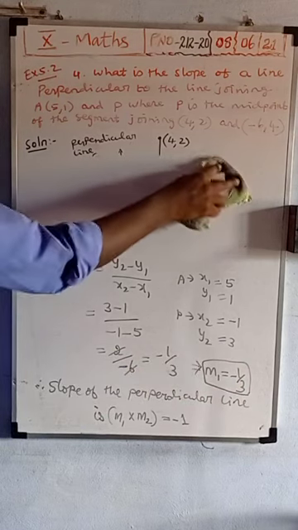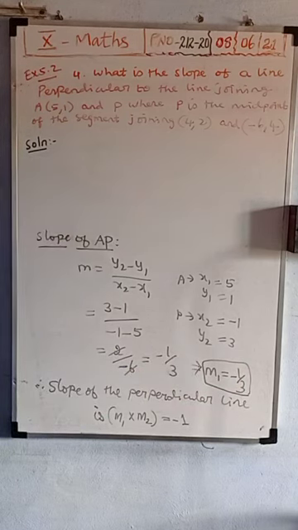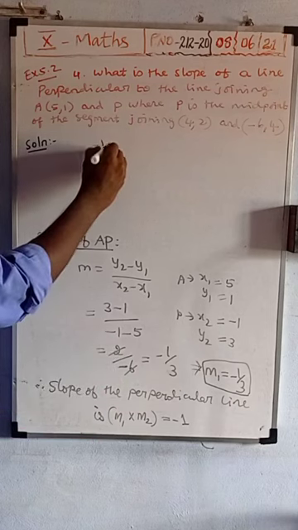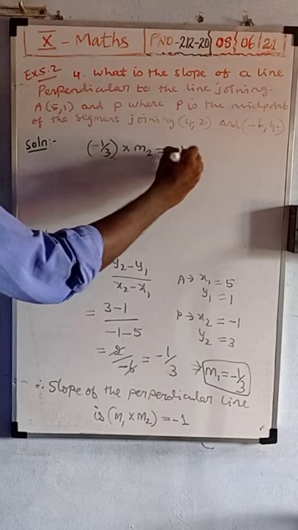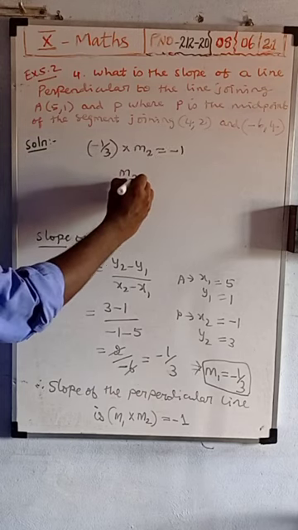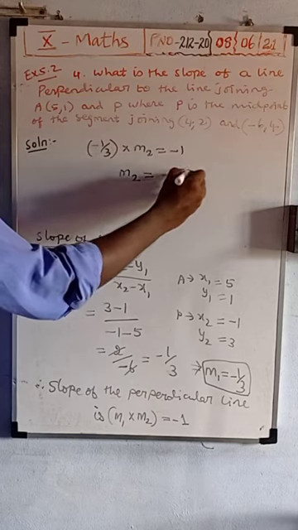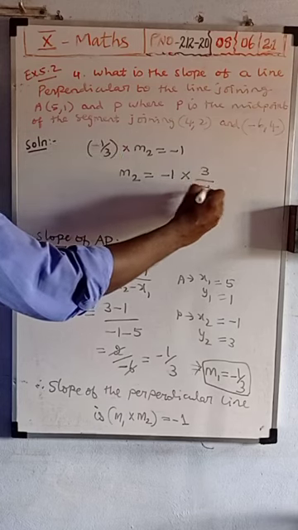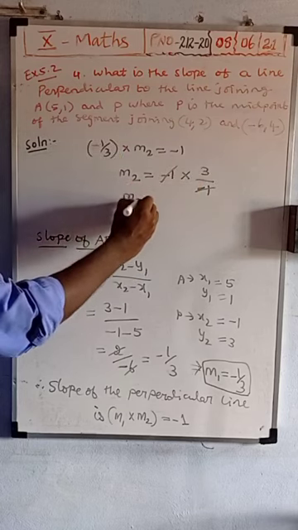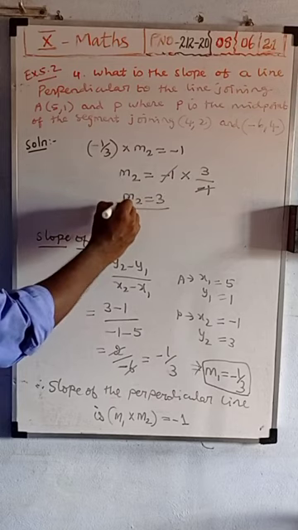Now you substitute M1 as -1 by 3 into M1 M2 is equal to -1. So M2 you need. M2 means -1 into 3 by -1. So -1 cancel, this M2 we will receive as 3.